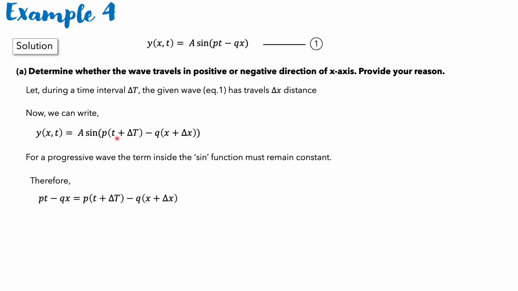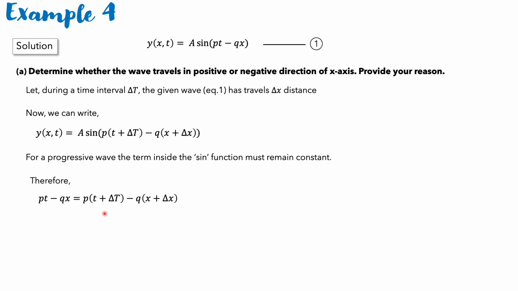So keeping that in mind, we can equate these two terms to each other. This one is just before delta t started, and this is just after delta t has ended. So this is one, and this is the second one, before movement and after movement. This thing does not change, so we can equate both of them. Now we will rearrange the terms.